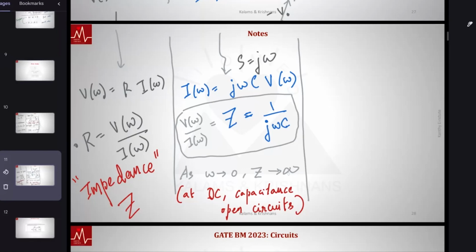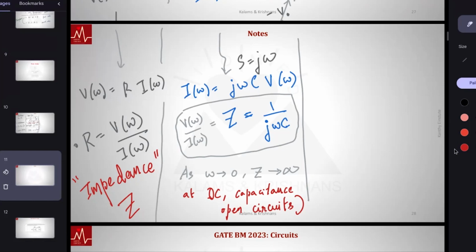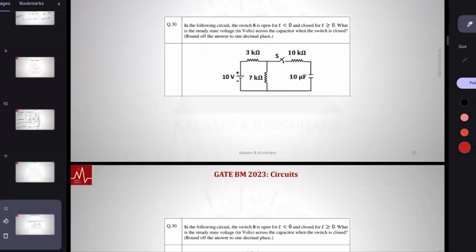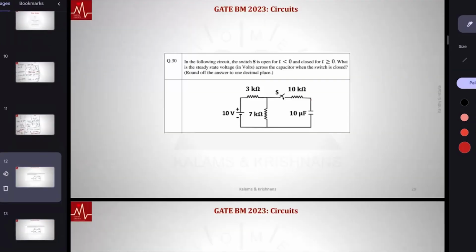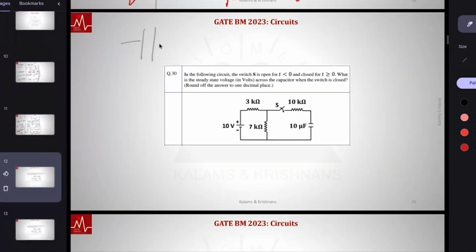It opens up. No current flows. In fact, you can also write this as: at DC, capacitor is open. We have this common analogy: if you put this, DC gets blocked, and then we have this mnemonic, AC current flows through.